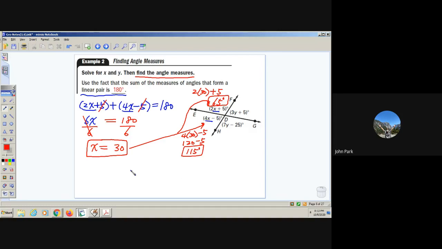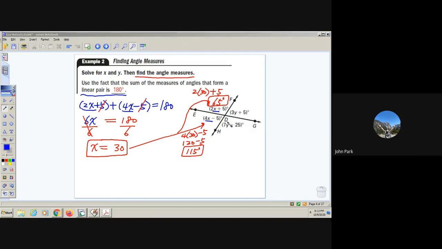So that's how you find x and the angle measures by plugging it back in, using the idea that when you add the two angles of a linear pair together, they equal 180 degrees. Same thing on the other one with the y here.